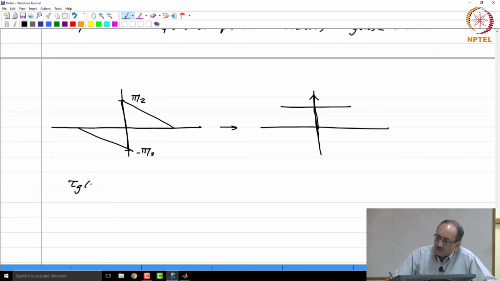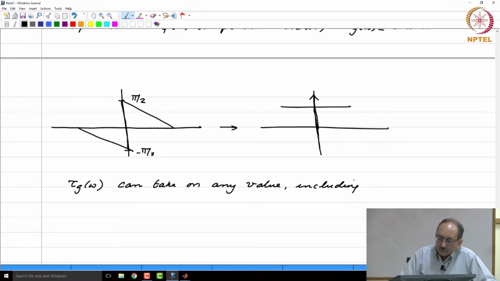And in general, tau g of omega can take on any value, including non-integer values.